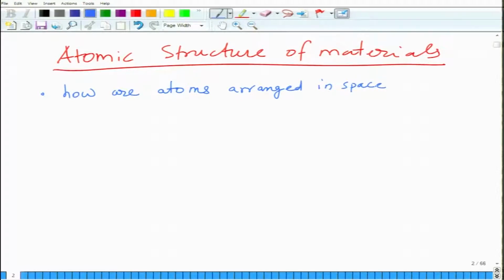Of course, there is a whole mathematics behind determining the structures, but we will not get into that right now. So how are these atoms arranged in space?